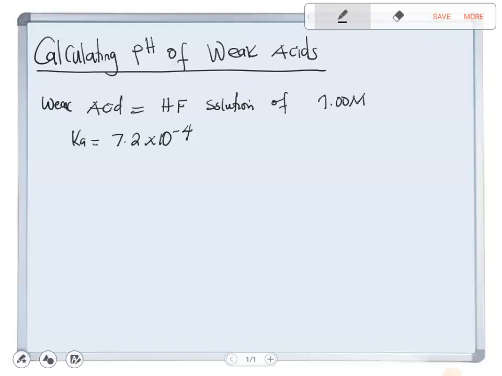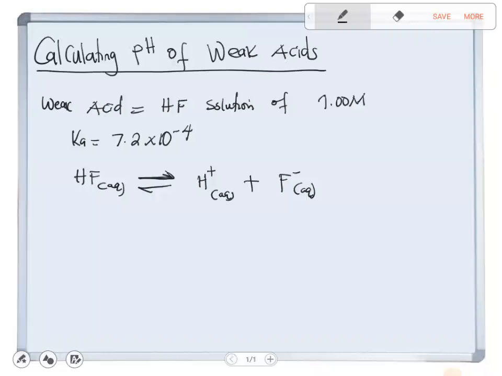Because the acid is weak, we first have to write the dissociation equation. It's weak, so we have a double arrow. Of course, we're going to have our hydrogen ion. We're also going to have our fluoride ion. Now, ladies and gentlemen, when you reach this stage, you go to the ice table.